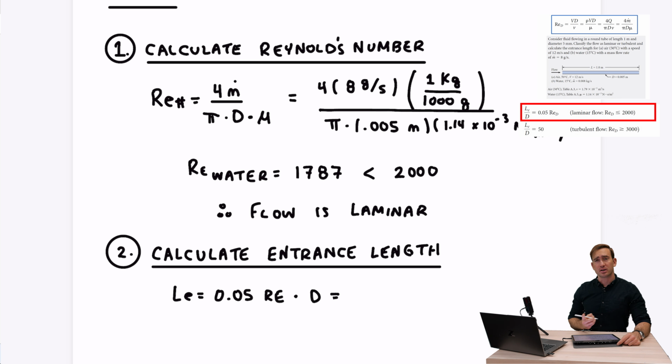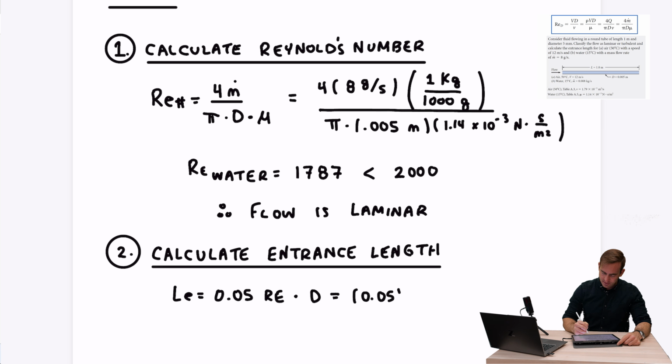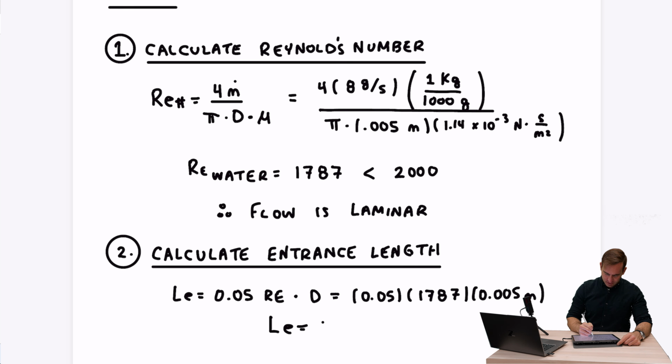So if we plug in all the numbers we now have, 0.05 times the Reynolds number of 1787 times the diameter of the pipe, which is 0.005 meters, we get that our entrance length is equal to 0.447 meters.